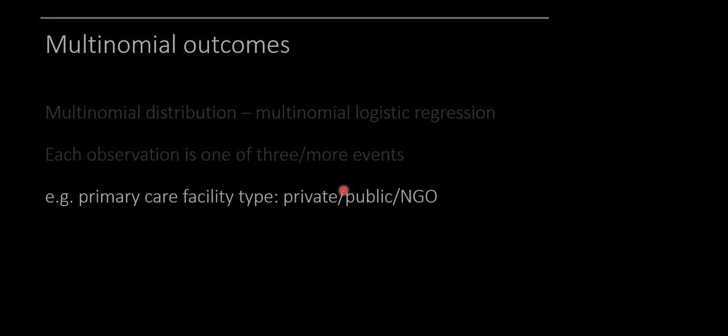So maybe our outcome might be primary care facility type: is it private, is it public, is it NGO? There are three possible outcomes. It can be one of these three, and they're mutually exclusive. Each outcome can only be one. You can't be part private, part public. So we assume that they're mutually exclusive.